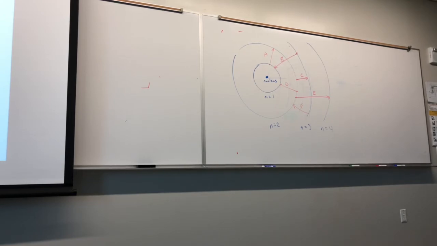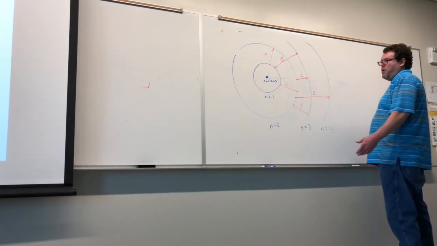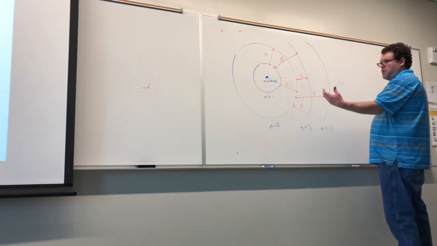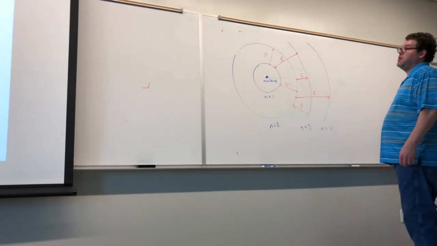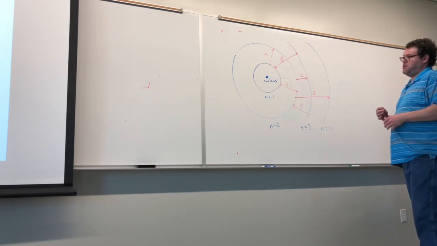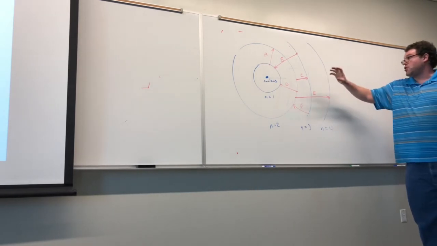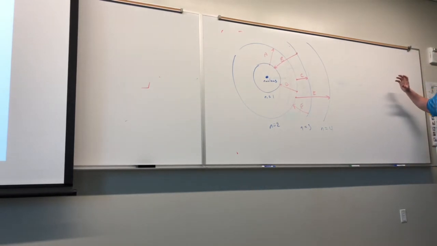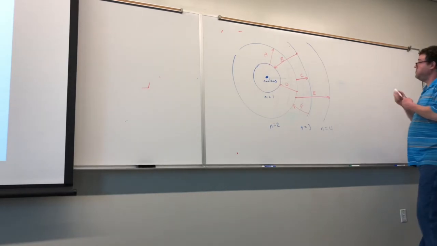It's taking in energy. So if you're absorbing energy, are you going towards the nucleus or away from the nucleus? You're going away from the nucleus, because you're absorbing energy so you can go further away. So as you go away from the nucleus, you're absorbing energy.